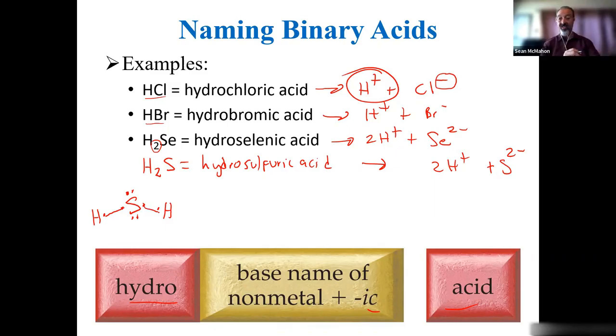So that would be the Lewis dot structure for hydrosulfuric acid. Now, when I throw this in water, I know eventually what will happen is I'll have an H plus that lost its electron, and we'll say you lose that electron and you lose that electron.